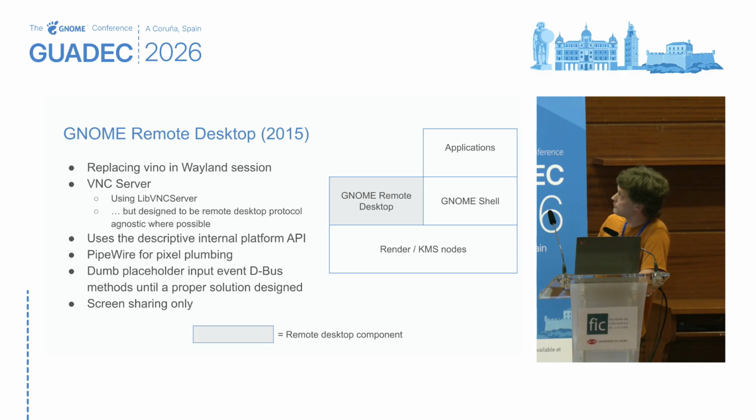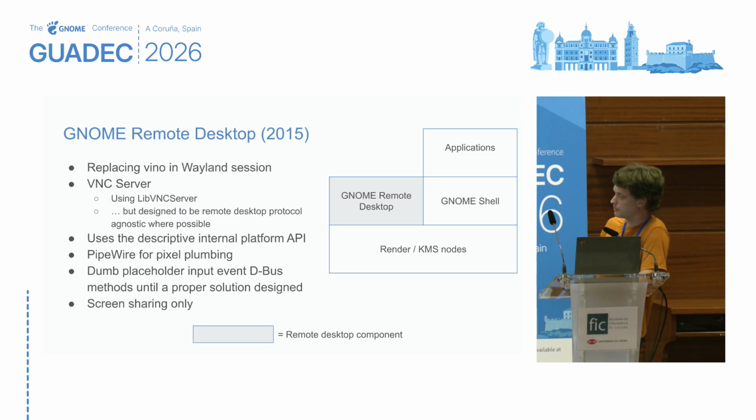So it was started around 2015, aimed to replace Vino, which had its own libvncserver-ish fork, and was very tightly coupled with the way that X11 worked. So it was decided to create something new. And instead of having a fork of libvncserver, it uses the actual libvncserver library.